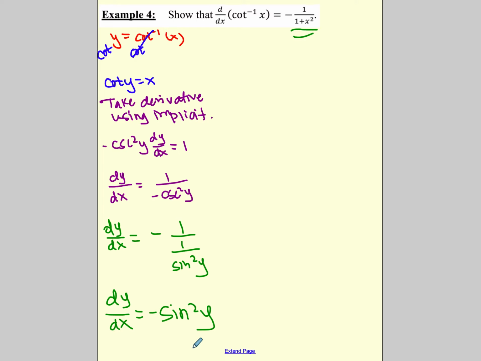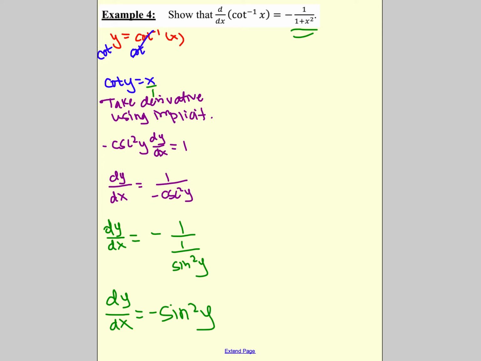However, that is not what this is saying to show it equals to. Okay, so in order to get it in terms of x, I'm going to go back, like our example 3 that we just did, and I'm going to set up a right triangle, and I'm going to find all the sides. Then I can find the sine value. So going to my cotangent, cotangent of y is equal to x over 1.